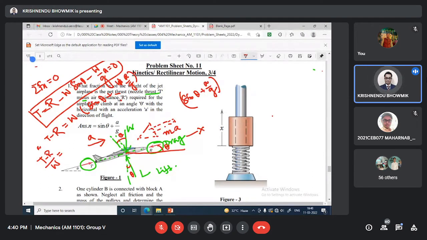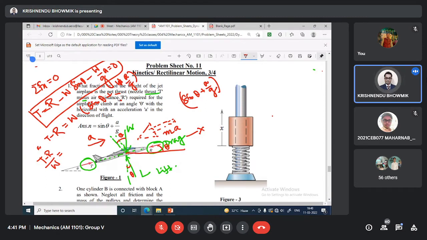If R is higher than T, the flight will not move in the forward direction; it will move in the reverse direction. The net thrust required, as a fraction of the weight of the jet airplane for the airplane to climb, that means (T minus R) by W, is what has been asked. Now this sin theta plus a by g is a very nice expression.